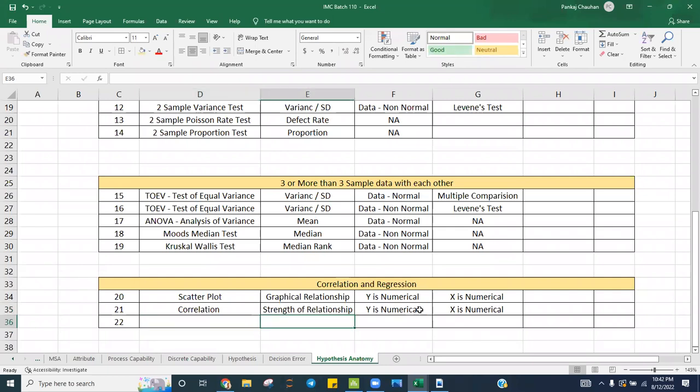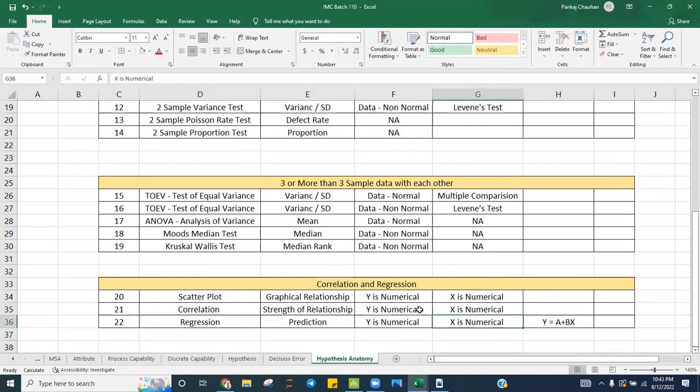In case you want to predict, if you know the value of Y, you want to predict the value of X based on the past data, or if you know the value of X, you want to predict the value of Y based on the past data, when X and Y both are numeric, then you will be using the regression analysis.